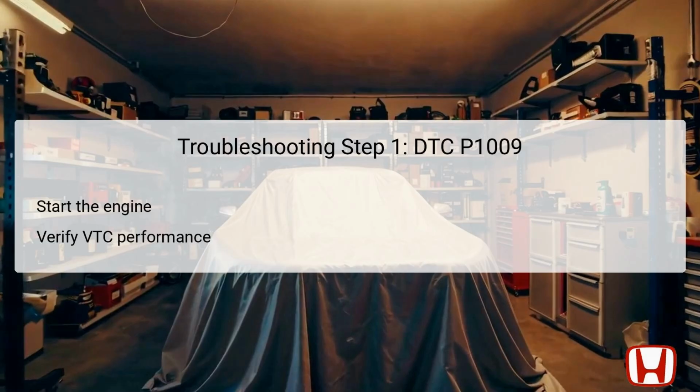Starting the engine will allow you to monitor the oil pressure and overall performance right away. Using a diagnostic scan tool, you can also check if the P1009 code reappears after the initial clear to further confirm the issue. It is essential to ensure the engine is at operating temperature for an accurate diagnosis, as some performance issues may not be evident when cold.